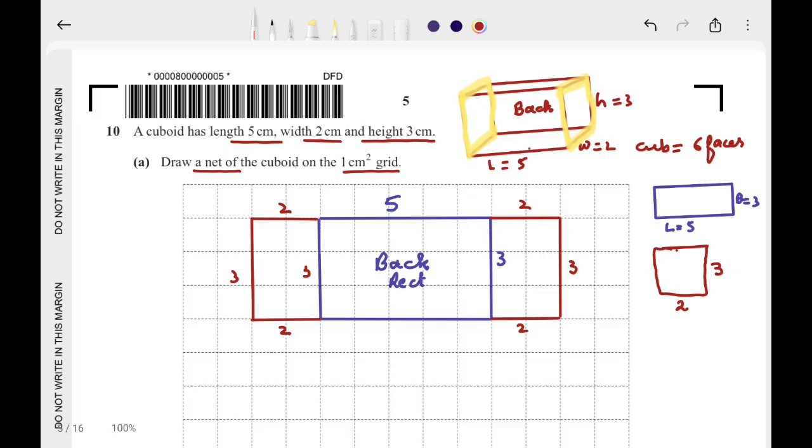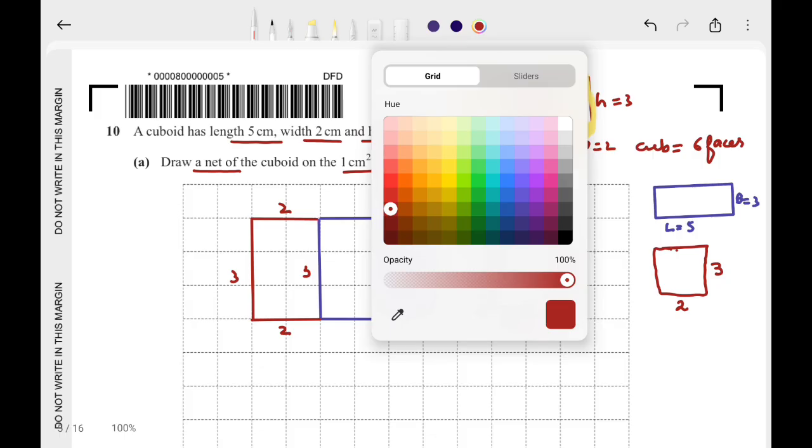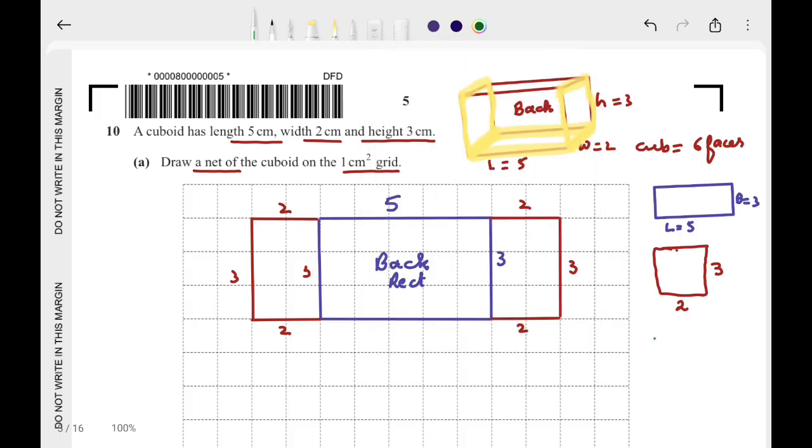Now check the bottom horizontal rectangle, that is this one. Let me draw it separately. This is the bottom one.